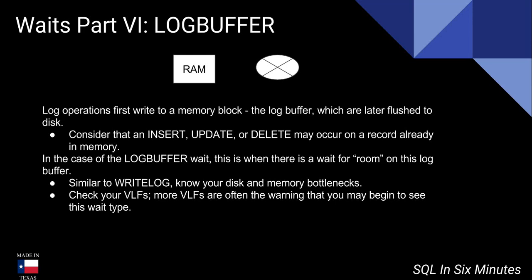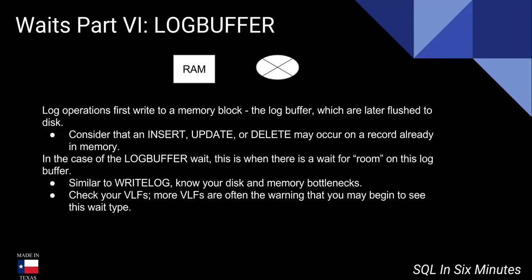Well, the problem is if it's waiting for the disk, what do you think is going to happen when it needs to send it to that log buffer memory? Because it needs to go from the log buffer memory to the log disk, but it can't because it's waiting on the disk, so the write log wait. So then what ends up happening is you have a log buffer wait.